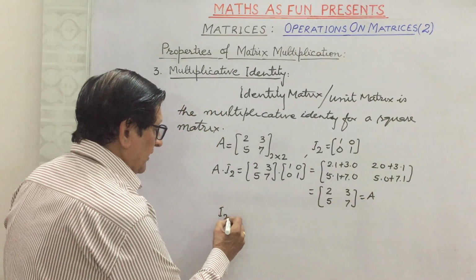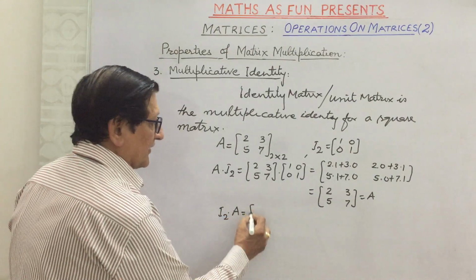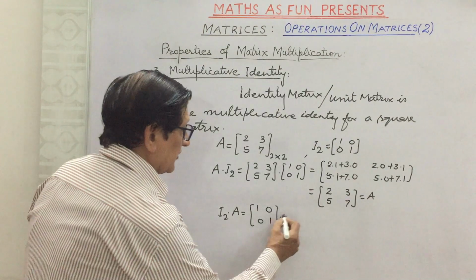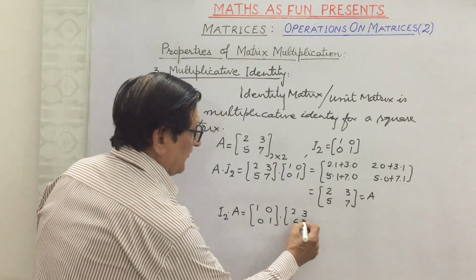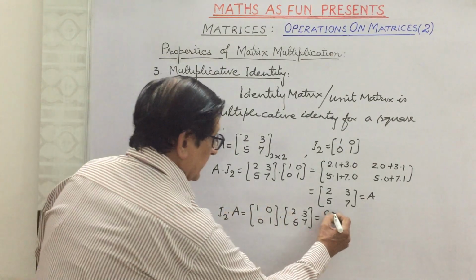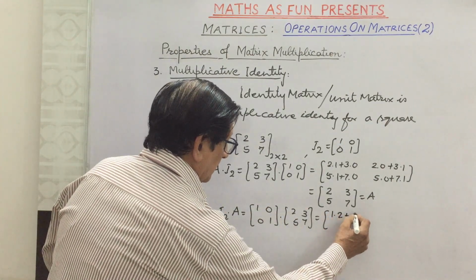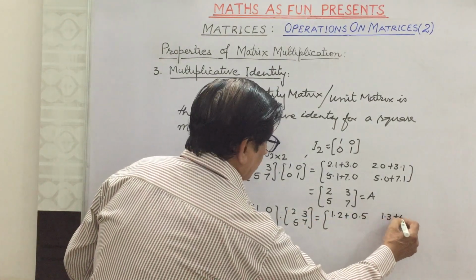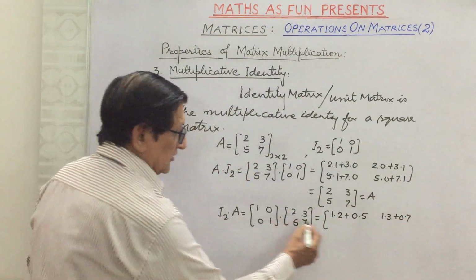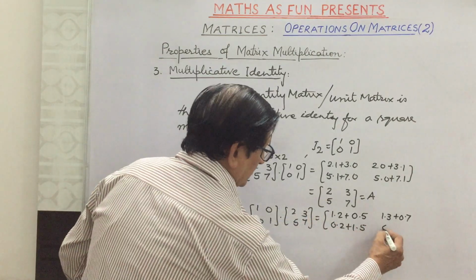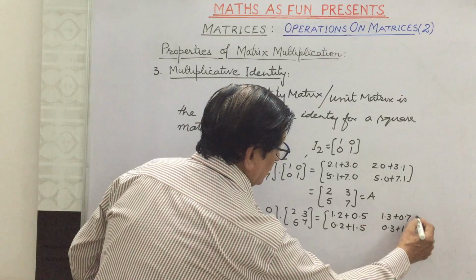Similarly, we multiply I2 with A, that is [1 0; 0 1] into [2 3; 5 7]. Multiplying we get 1 into 2 plus 0 into 5, 1 into 3 plus 0 into 7, 0 into 2 plus 1 into 5 and 0 into 3 plus 1 into 7.